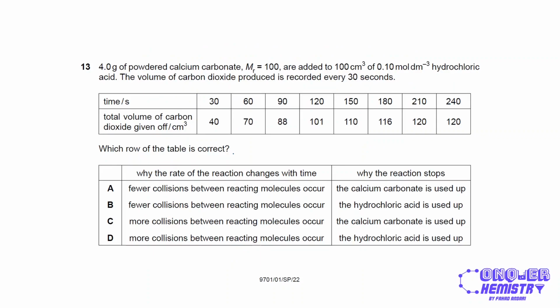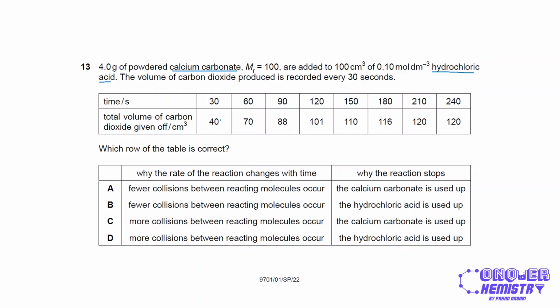So over here we have calcium carbonate reacting with hydrochloric acid. And it says over here that at regular intervals of time, the volume of carbon dioxide gas given off in this reaction is monitored. Right.